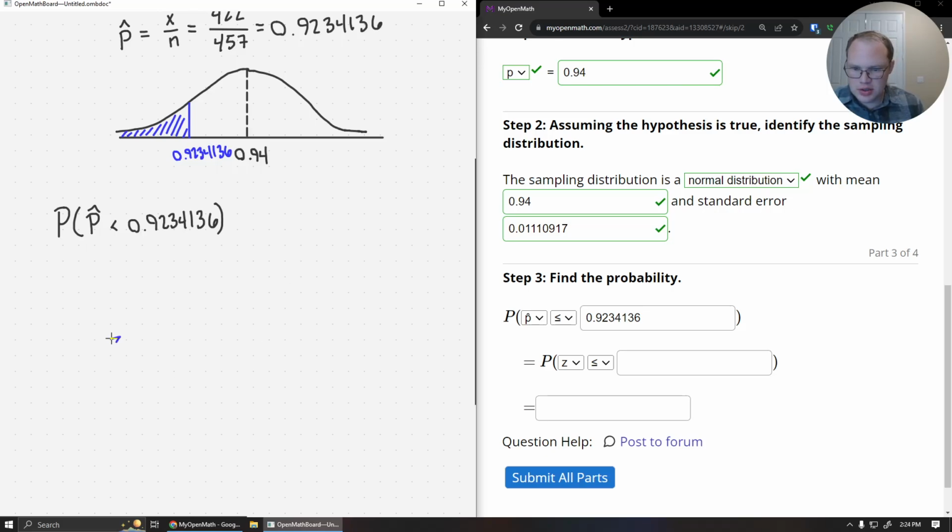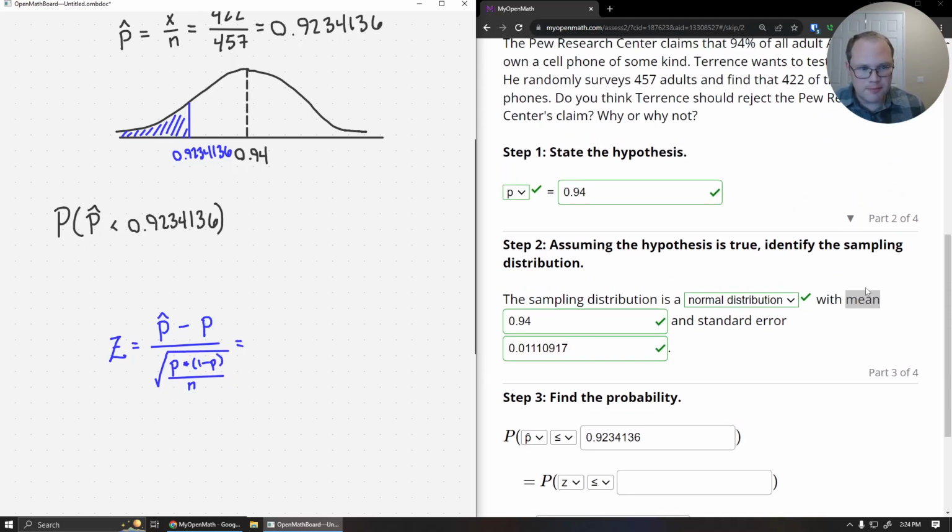So the z-score associated with my sample proportion is the particular value I'm interested in, my sample proportion, minus the mean of the distribution, which is the population proportion. That's the mean of the sampling distribution, divided by the standard deviation, or the standard error, which is square root of p times 1 minus p over n. And I have all these values in the calculator already, so I could just plug them in.